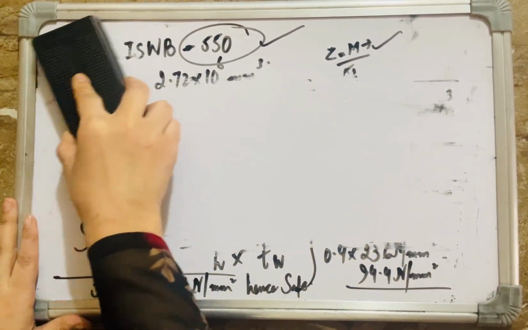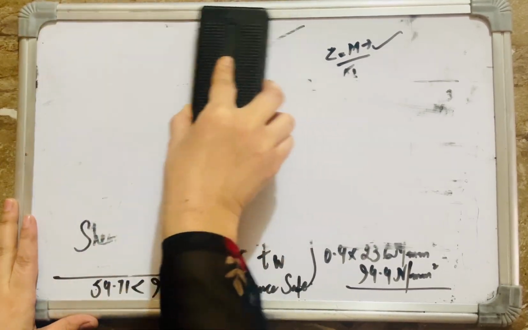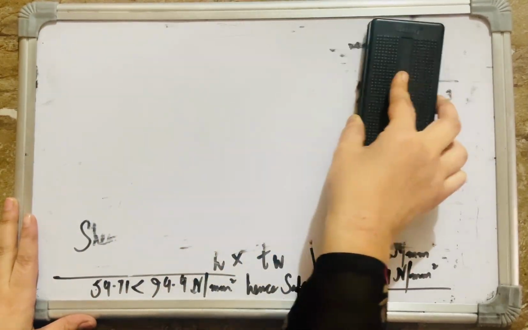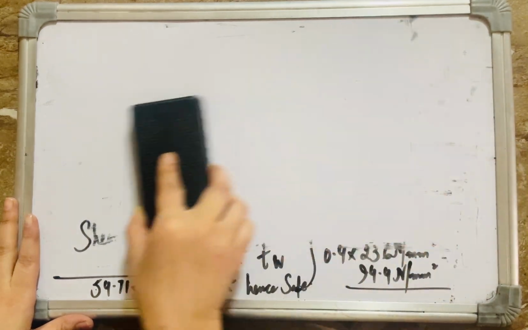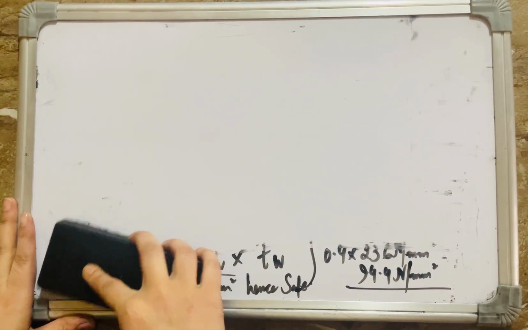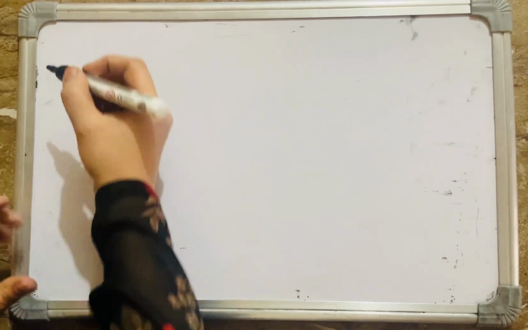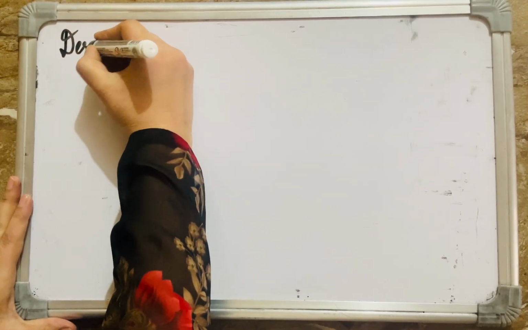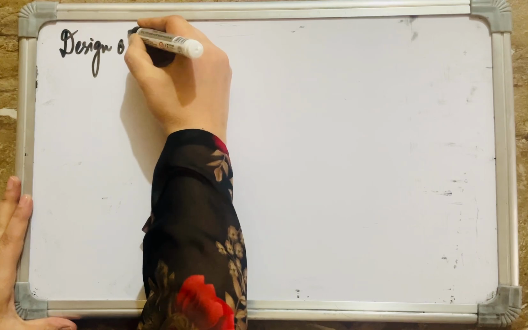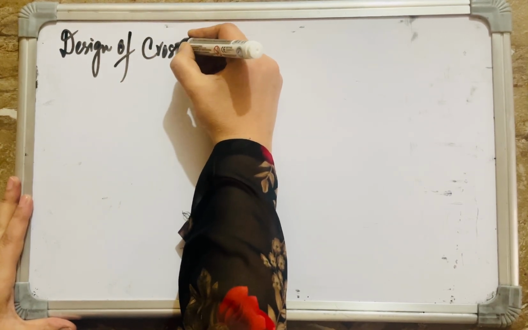I'll be using ISWB, Indian Standard Wide Flange Beam 550, as my stringer beams for the steel truss bridge that we are designing. All right. Design of cross girders.